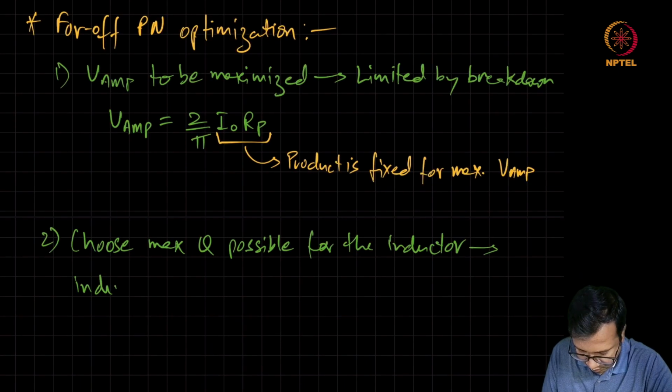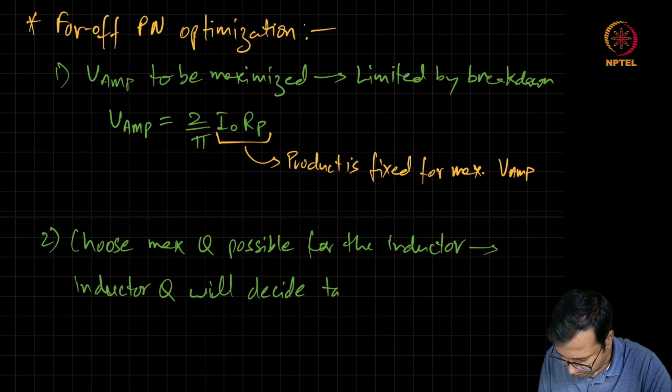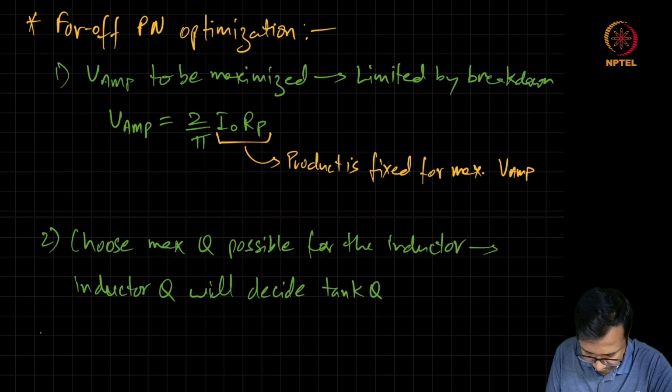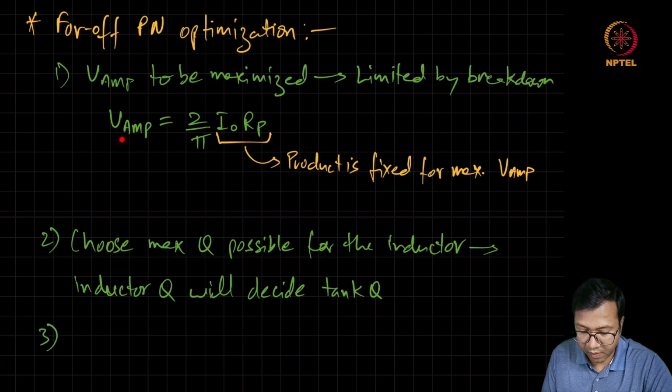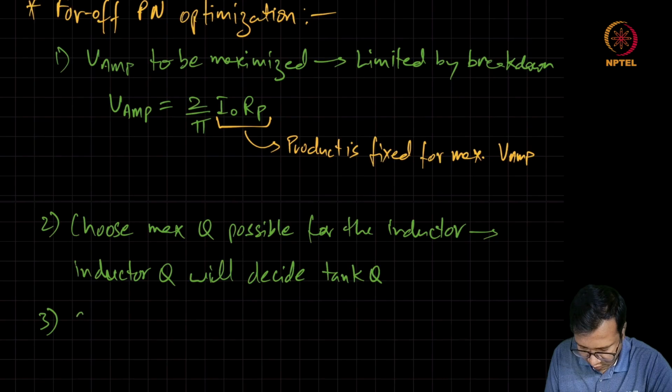And Q will decide tank Q. And for the maximum allowed output amplitude possible, we can choose a low value of Rp so as to meet the phase noise specification. Then choose Rp.